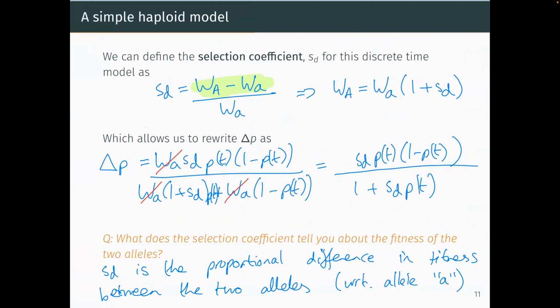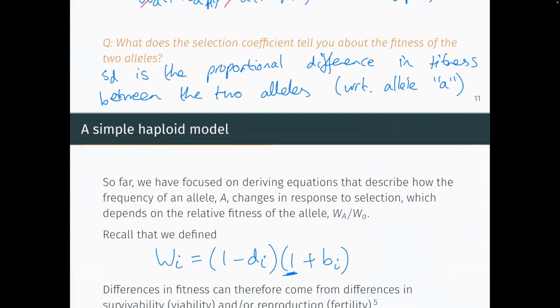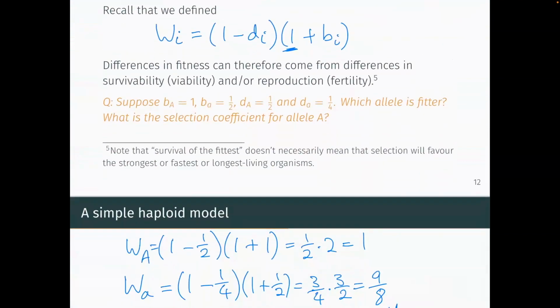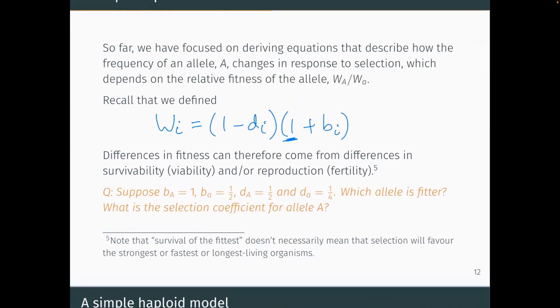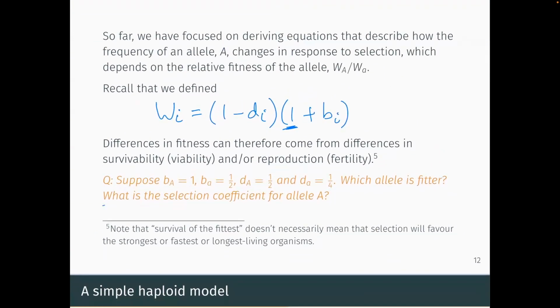Maybe I should have said that this was for allele capital A relative to allele little a. And then the selection coefficient for allele A. That's fair enough. This bit was a little bit ambiguous, so apologies if you wrote it the other way around.